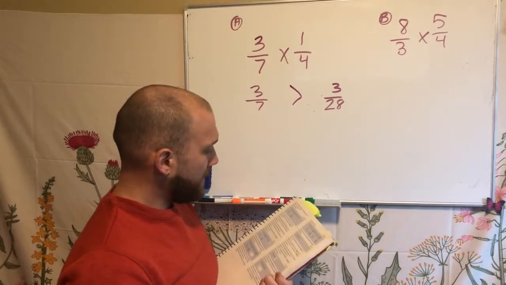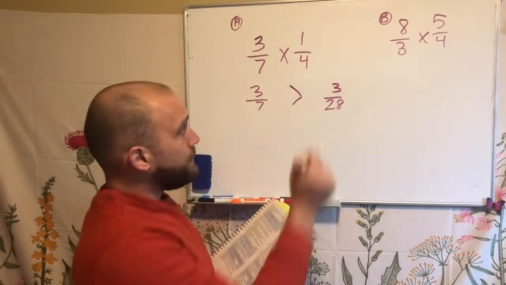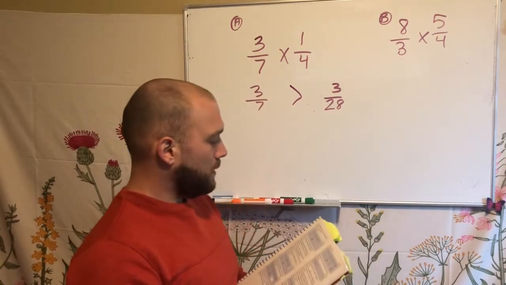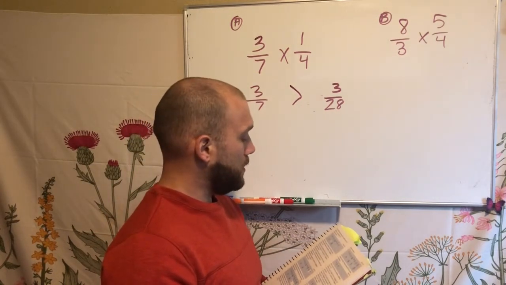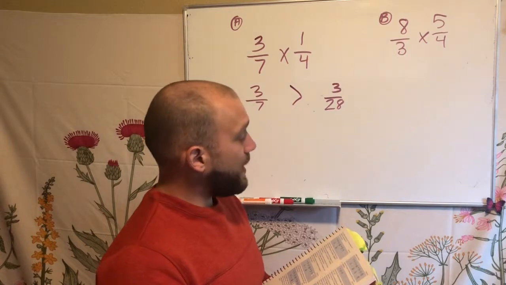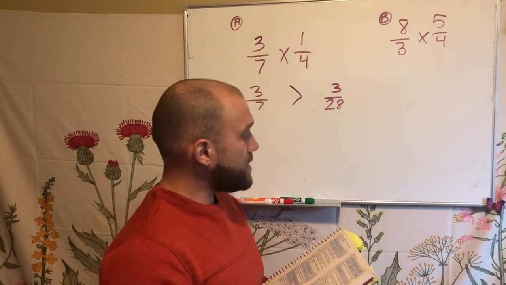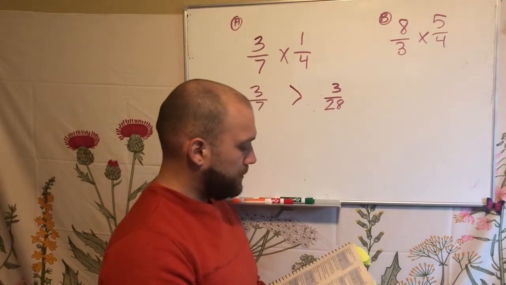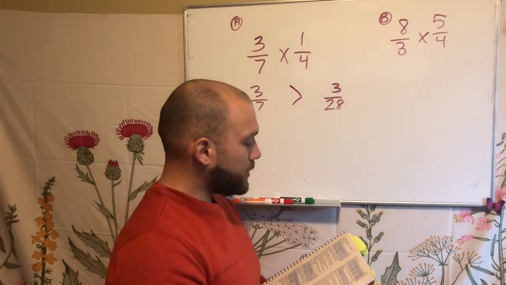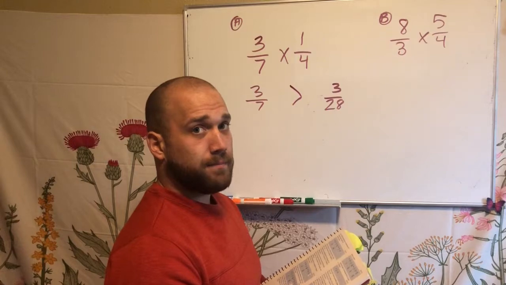All right, next one. Problem B. Read problem B for me. You should have read 8/3 times 5/4. What do you multiply 8/3 by?